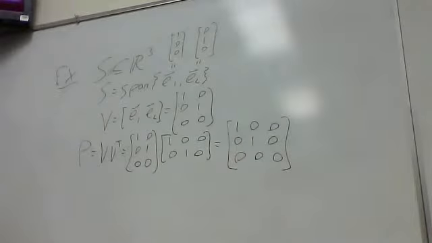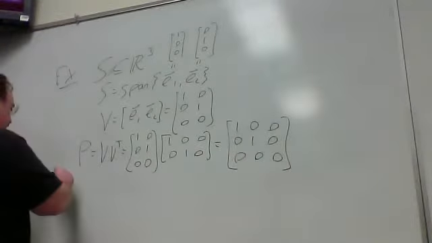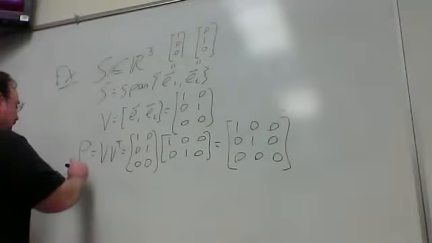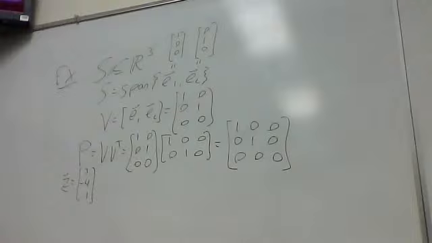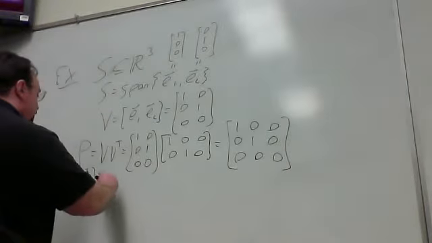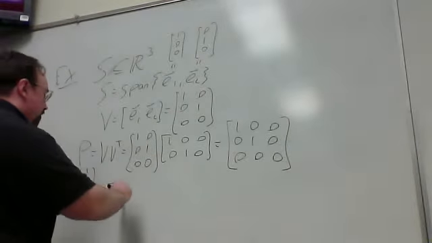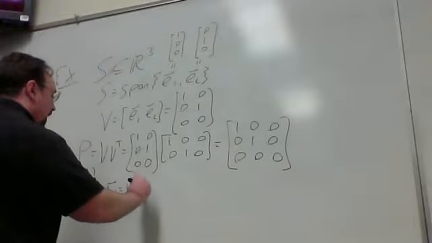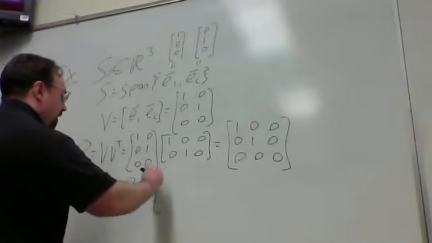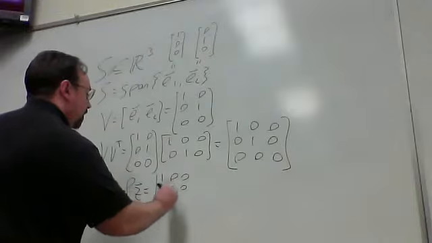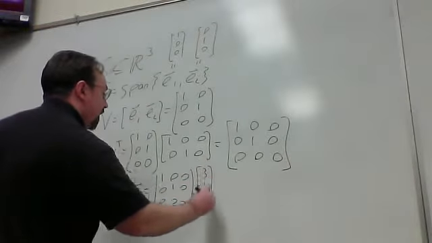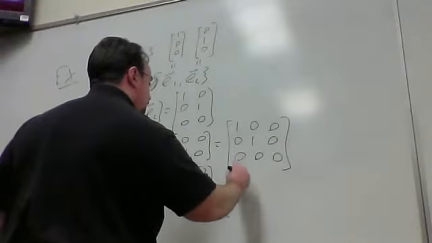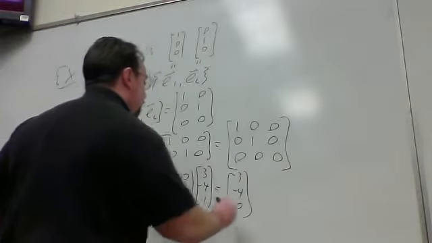So if I let Z be the vector 3, minus 4, and 1, then my best approximation of this vector in its 2-dimensional space comes from multiplying this matrix by 3, minus 4, and 1. I'm just going to get the vector 3, minus 4, and 0.